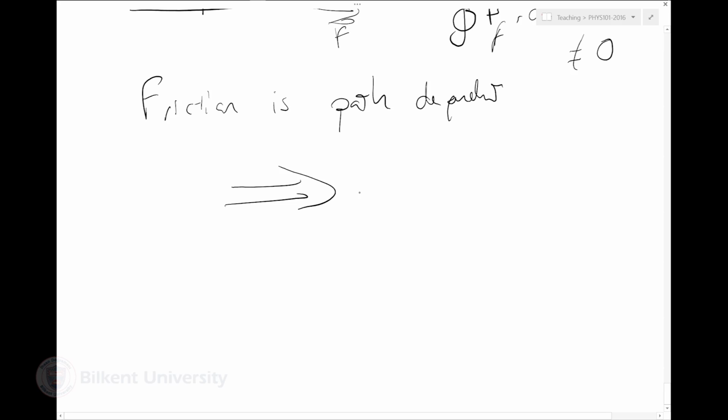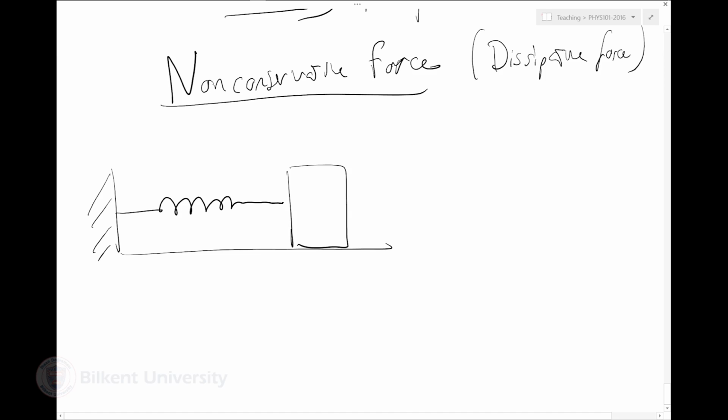But let's talk about another force we have just learned. How about the force applied by a spring? The force applied by a spring is quite easy. It only depends on how much compression or stretching you have. If I compress this object, while I'm compressing, I'm actually seeing the force opposing my motion.